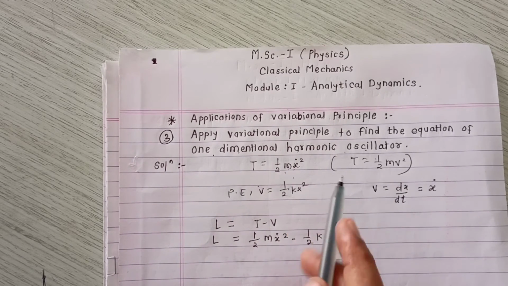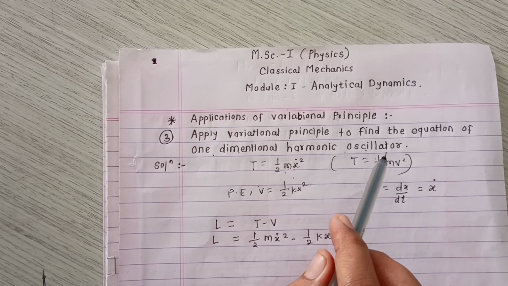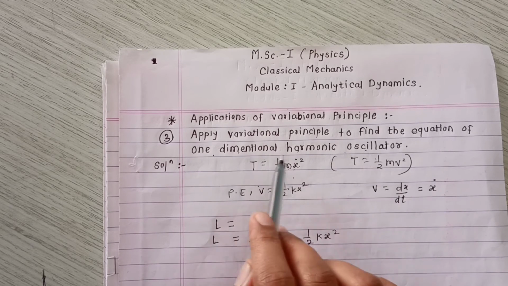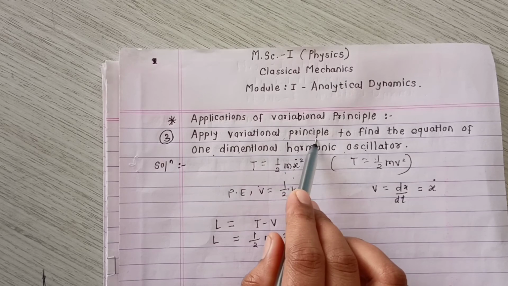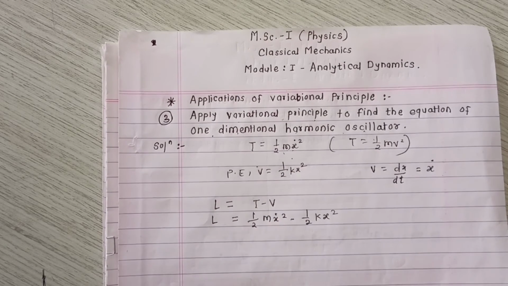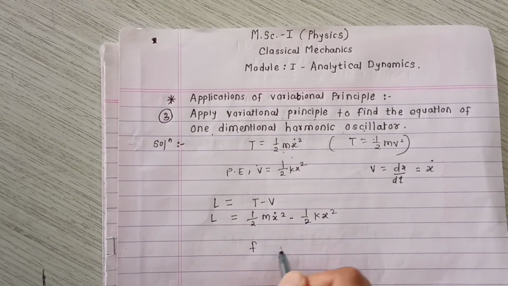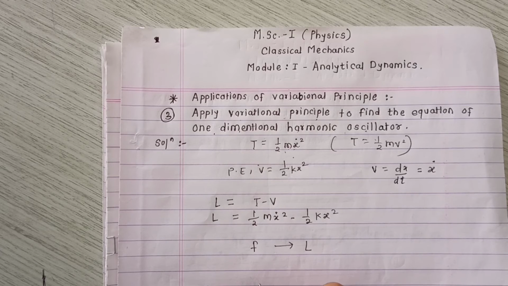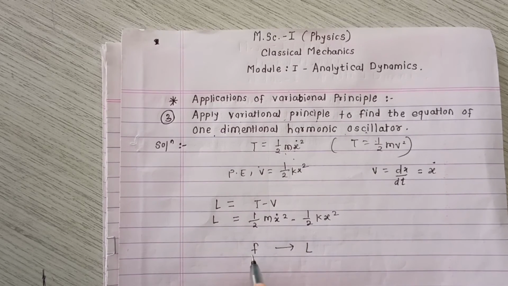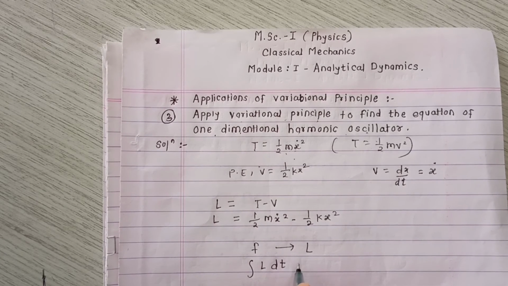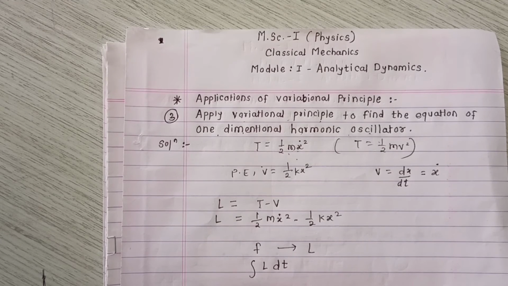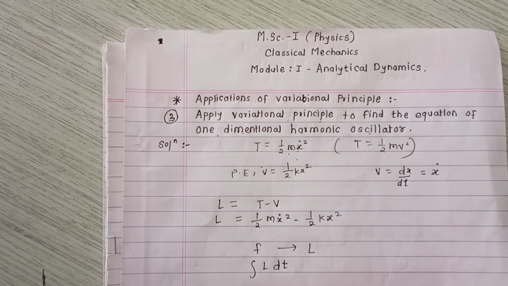Now we have to find the equation of the one-dimensional harmonic oscillator with the help of the variational principle. So we know the variational principle for a particular function f; here, instead of f, we have L, that is the Lagrangian. So we can write the integral of L dt, which has an extreme value for the variational principle.